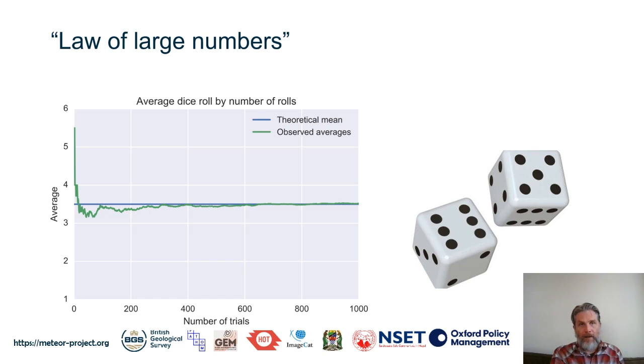So a lot of people, when you start to talk to them about exposure data, talk about the law of large numbers. The law of large numbers is, if I throw one die hundreds of times, the results will converge on a mean eventually, right? Here you've got the observed average, which will vary.